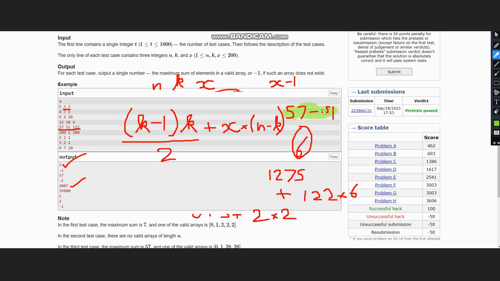So we get the output like this. And if k is equal to x, then instead of x we would write x minus 1. And don't forget to put the conditions of -1 which we discussed earlier. So I hope you all understand the solution. Thanks for watching.